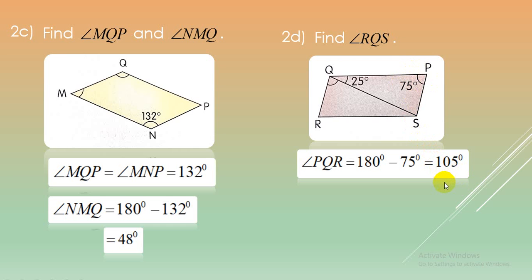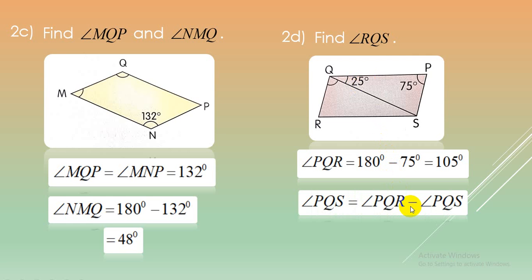After that, we can find angle RQS because we know angle PQS, this one, is 25 degrees. So angle RQS equals angle PQR minus angle PQS. Angle PQR is 105 degrees minus angle PQS is 25 degrees. So the answer is 80 degrees.